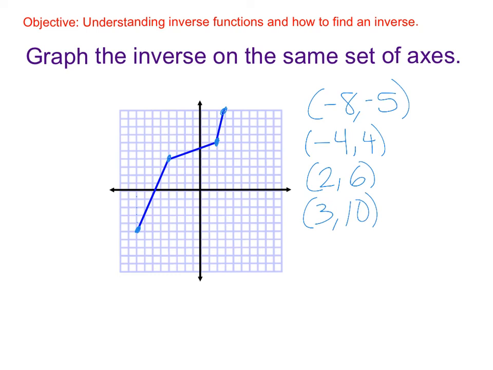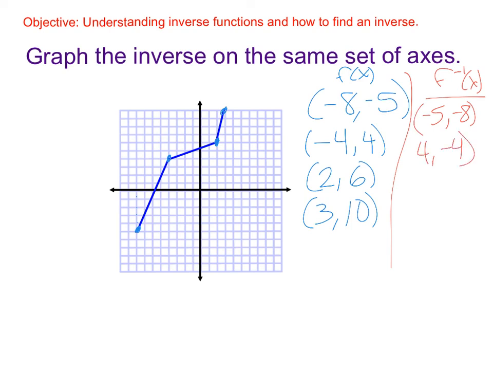All right, so let's call this f of x. And then I'm going to do it in red, f minus 1 of x is -5, -8, 4, -4, 6, 2, and 10, 3.